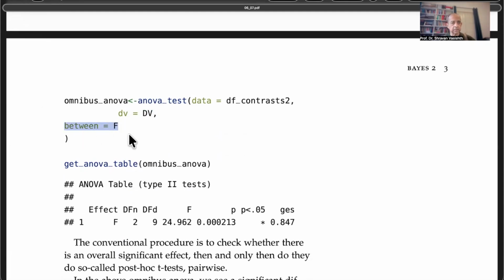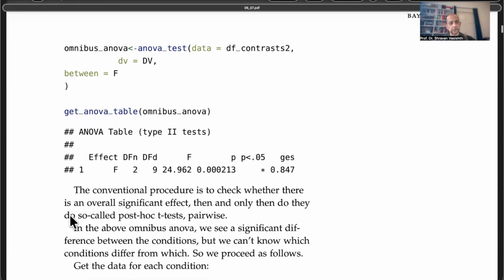Okay, so in this case, there's only one between factor. So I say that in the data set DF contrast 2, there's a column called F that refers to the between subjects factor. And then once I've saved the result of that ANOVA test, I save it as omnibus ANOVA, and then I can get the ANOVA table from this saved object.